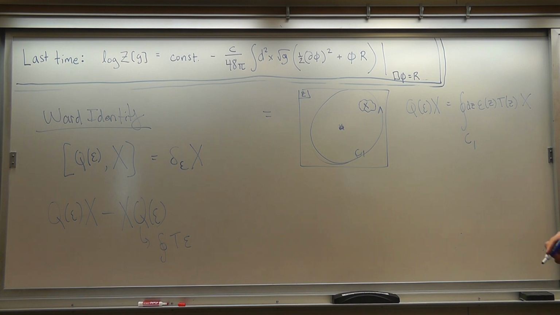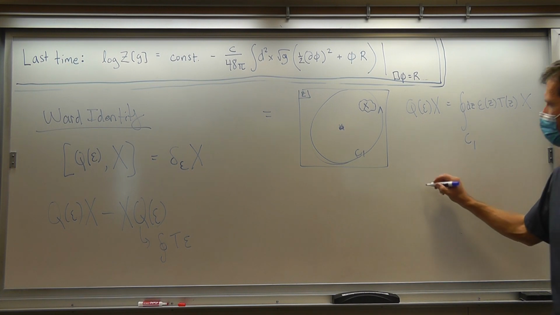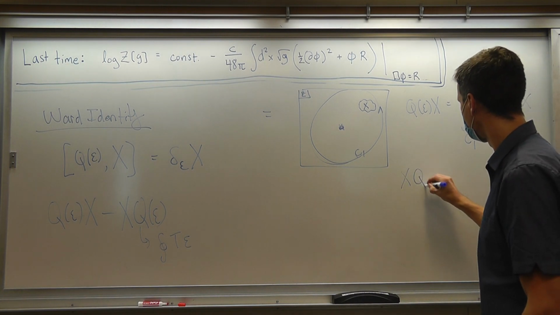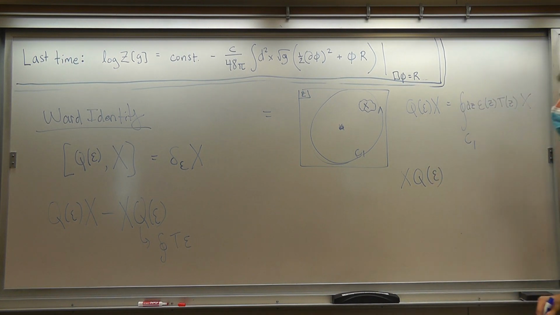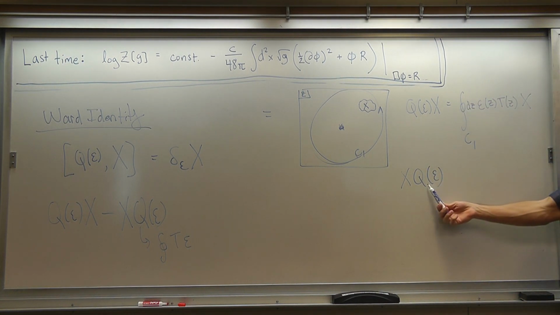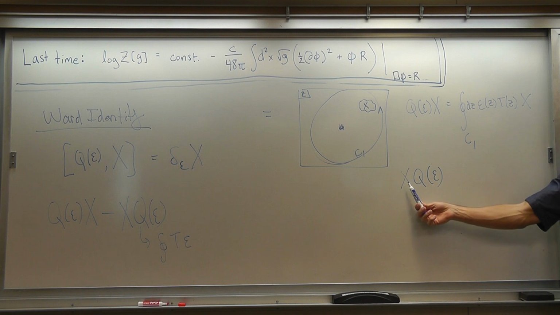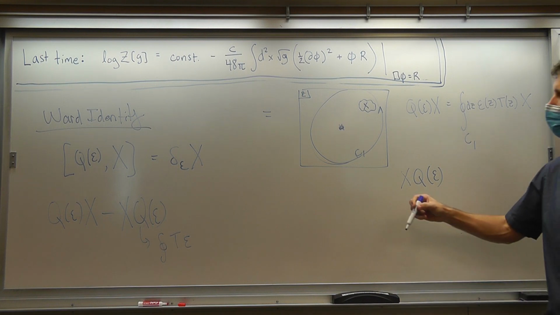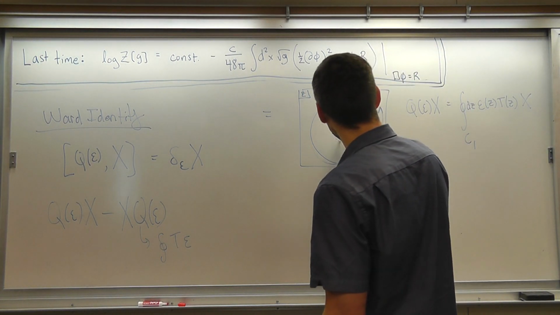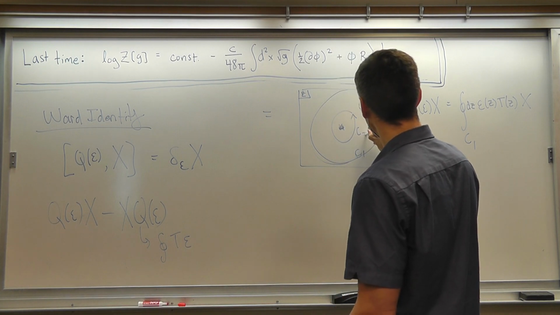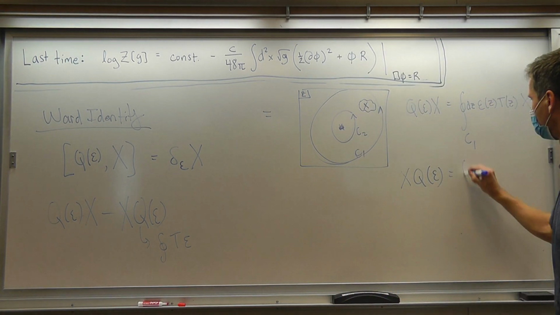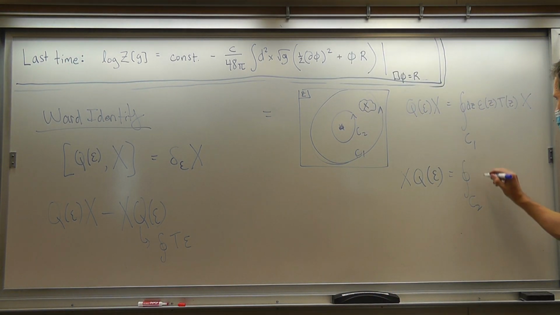Now, for the other one, X Q of epsilon, we want to first act with Q and then act with X. So that's going to involve the integral over this contour C2 of the same thing.